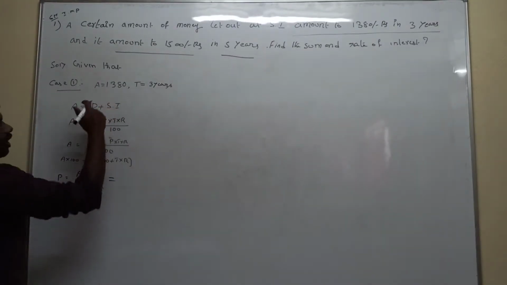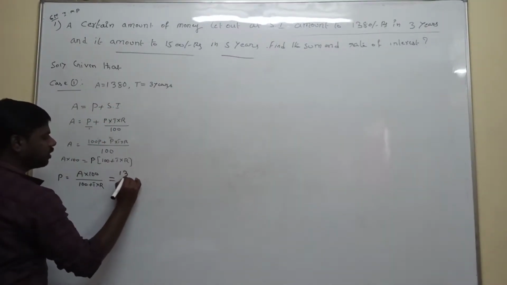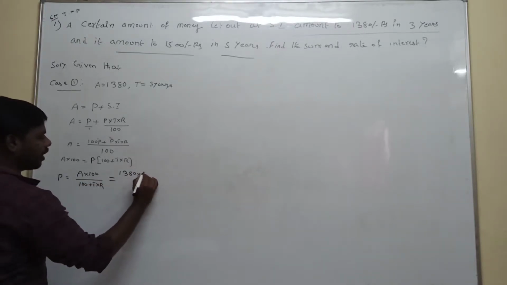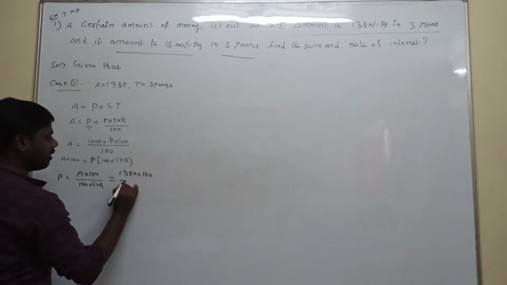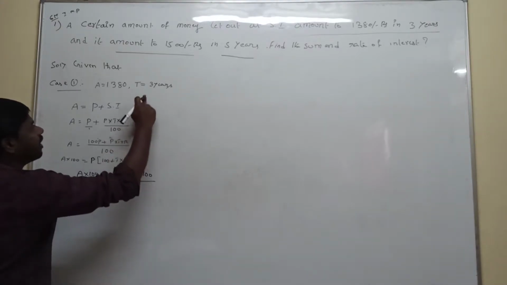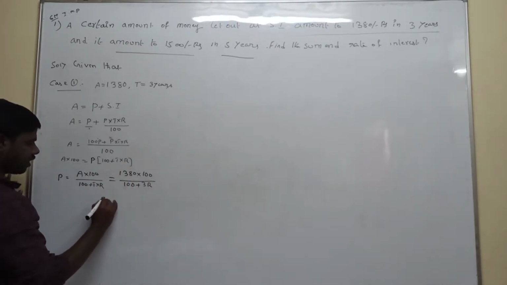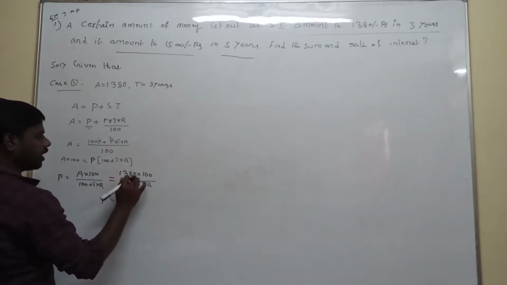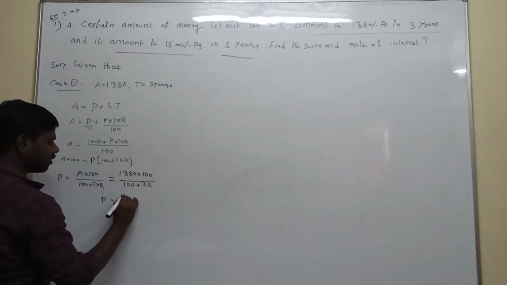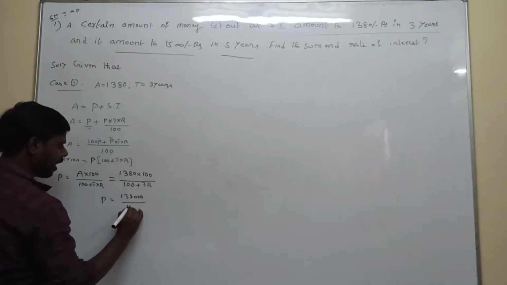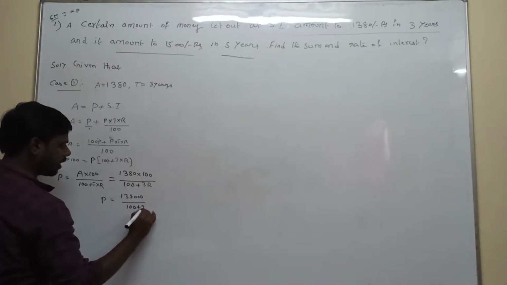In the first case, what is the total amount given? 1380 into 100 divided by 100 plus, what is the time here? 3 years, so 3 into R. So now P is equal to 1380 into 100, which is 138,000, divided by 100 plus 3R.